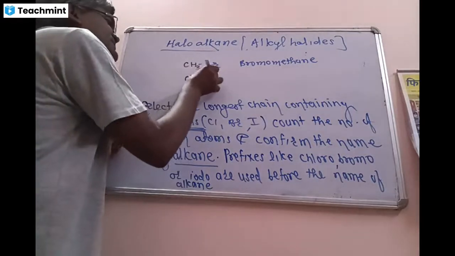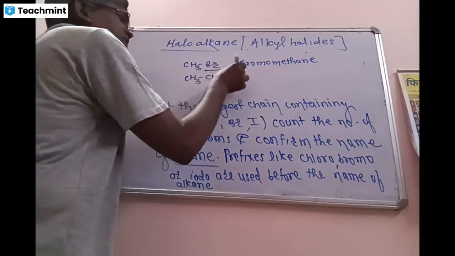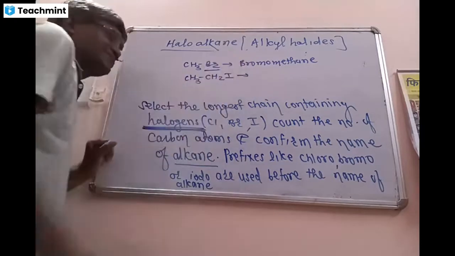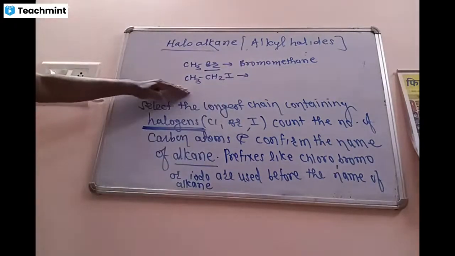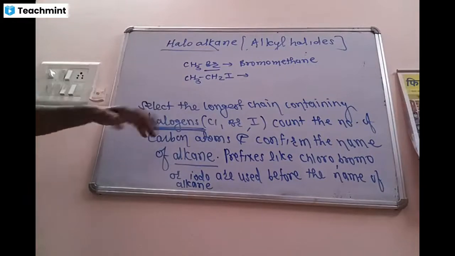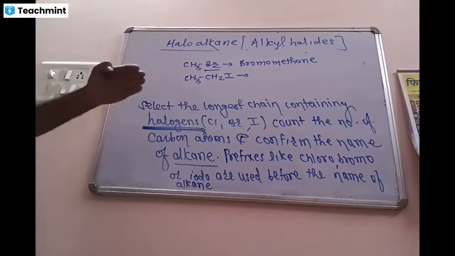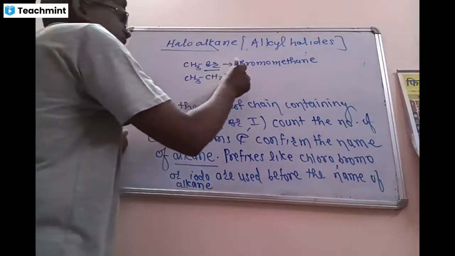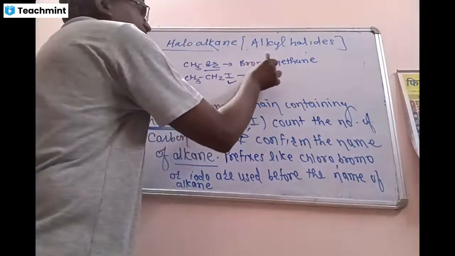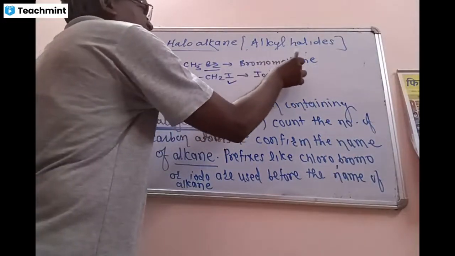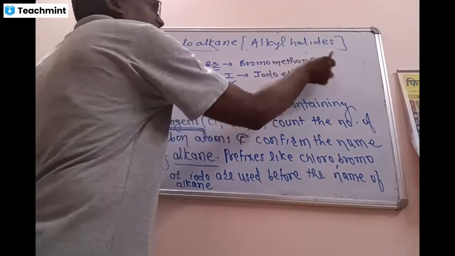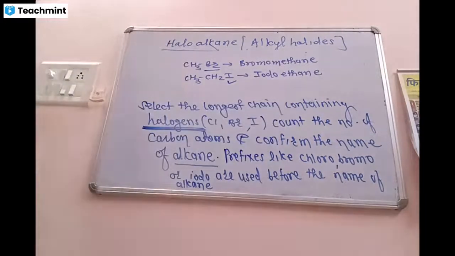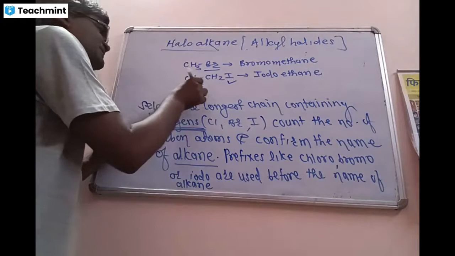If I write like this, have you selected the chain? Yes. How many carbon atoms are there? 2. What is the name of the alkane? Ethane. Which type of halogen is there? I for iodine. So you have to write iodoethane.